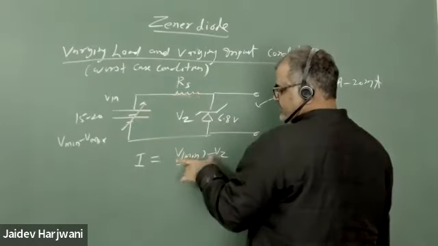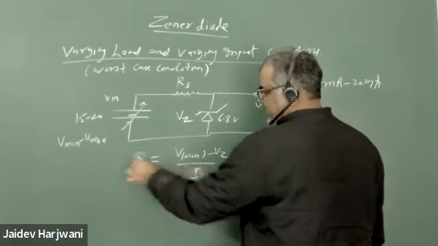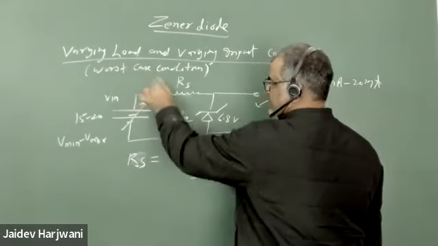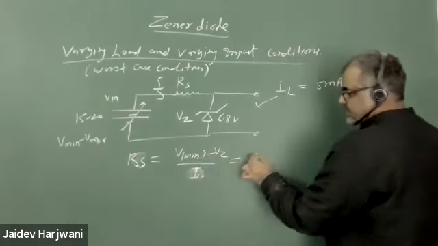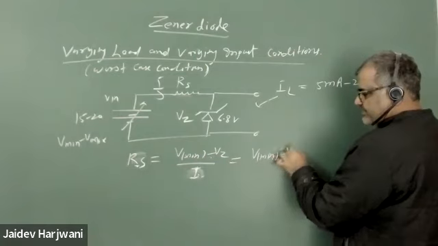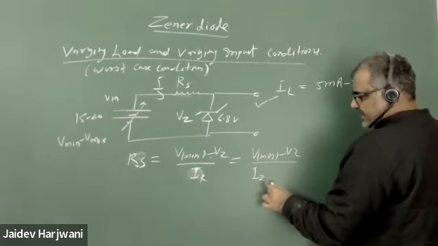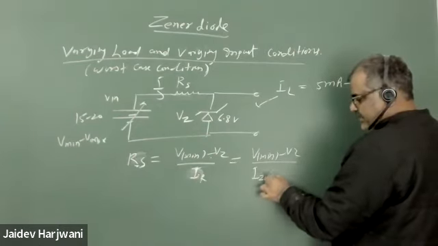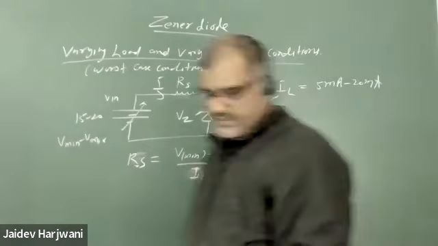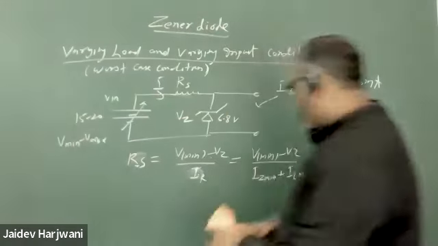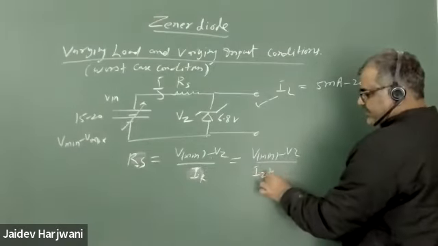If I divide this voltage difference by RS, I get the current. Or opposite, if I want RS, then RS will be V minimum minus VZ upon I, isn't it? And I know this IR is equal to IZ minimum plus IL max, or you just remember that it is equal to IZ plus IL.